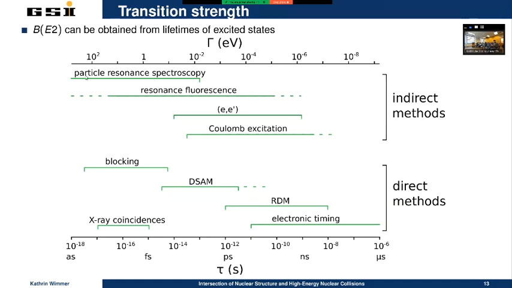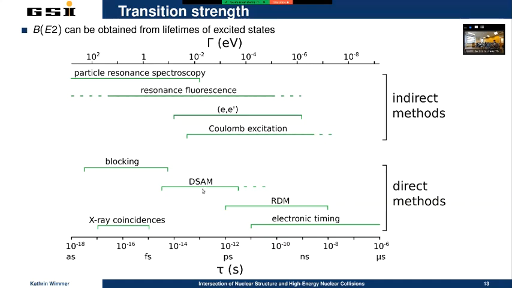Or if the width is large, then obviously one can also measure the width of a resonance and extract the lifetime from that. And then there are more direct methods which range from electronic timing. So this is really just a start and stop measurement between a reaction populating a state and its decay. And then there are various methods which make use of Doppler shift techniques.